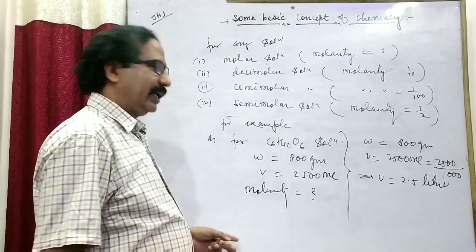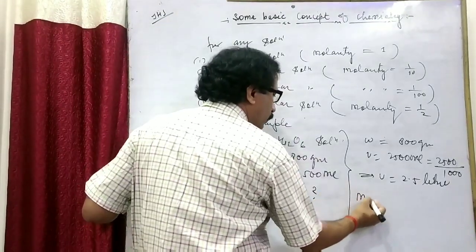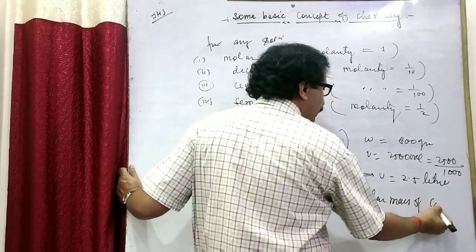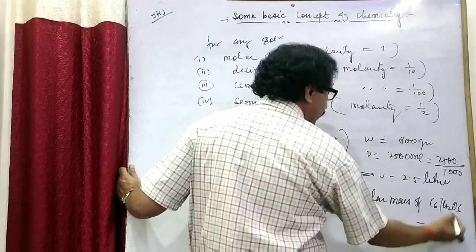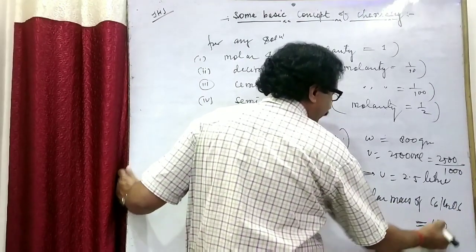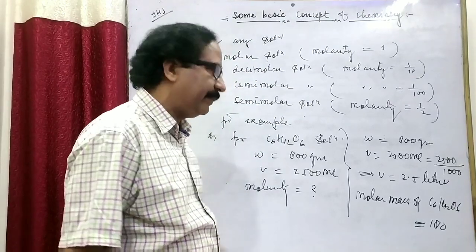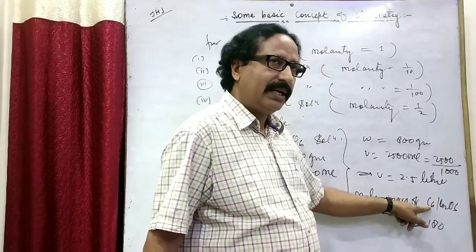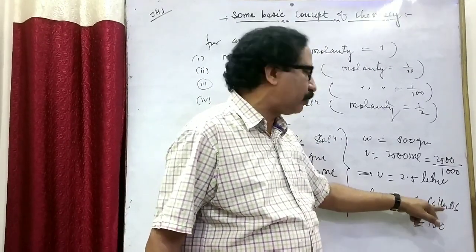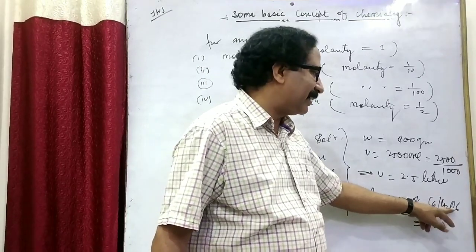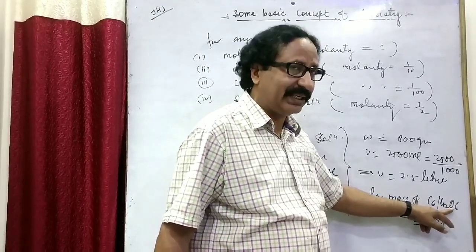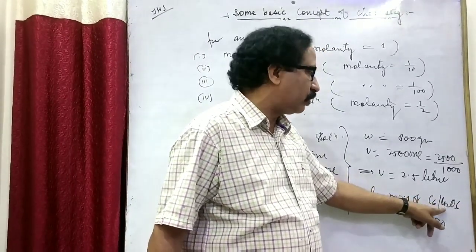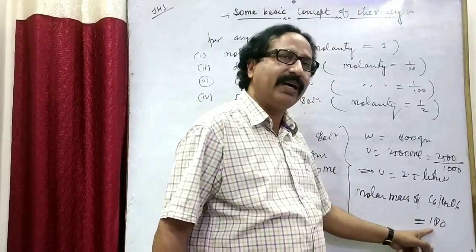And one thing more you require: molar mass of glucose, C6H12O6. That is 180. But you may be confused why 180. Atomic mass of one carbon atom is 12, so 12 into 6. Atomic mass of one hydrogen atom is 1. Here are 12 hydrogen atoms, so 1 into 12, plus atomic mass of one oxygen atom is 16. Here are 6 oxygen atoms. So 12 into 6 plus 1 into 12 plus 16 into 6 is equal to 180.